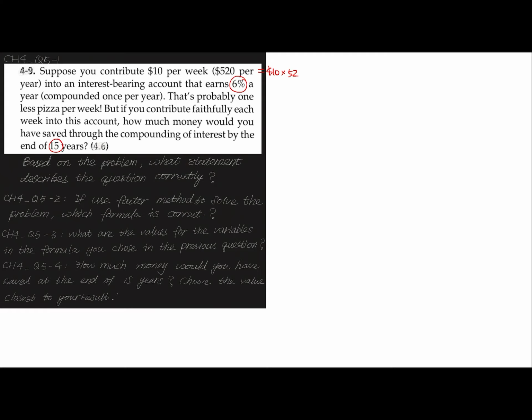If you use the factor method to solve this problem, which formula is correct? What is the formula using the factor method? Because you're finding the future value given A, your F is something you want to know. And it's based on an annuity, so it's A times a factor.